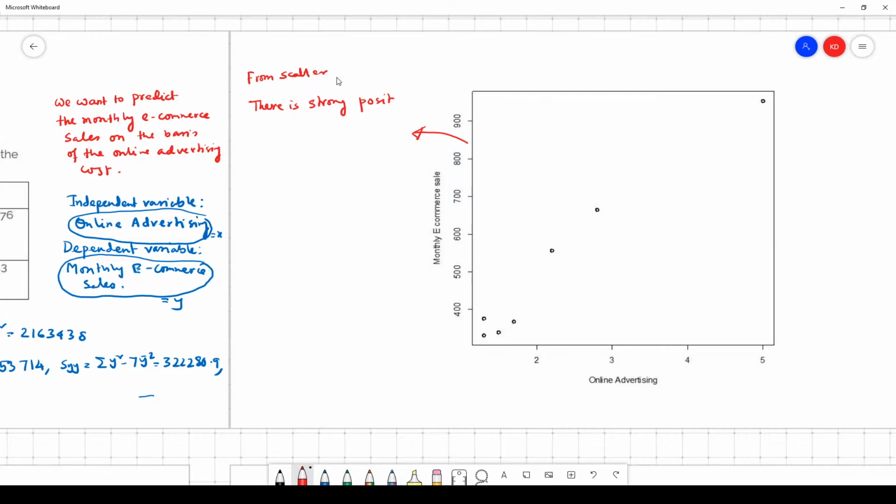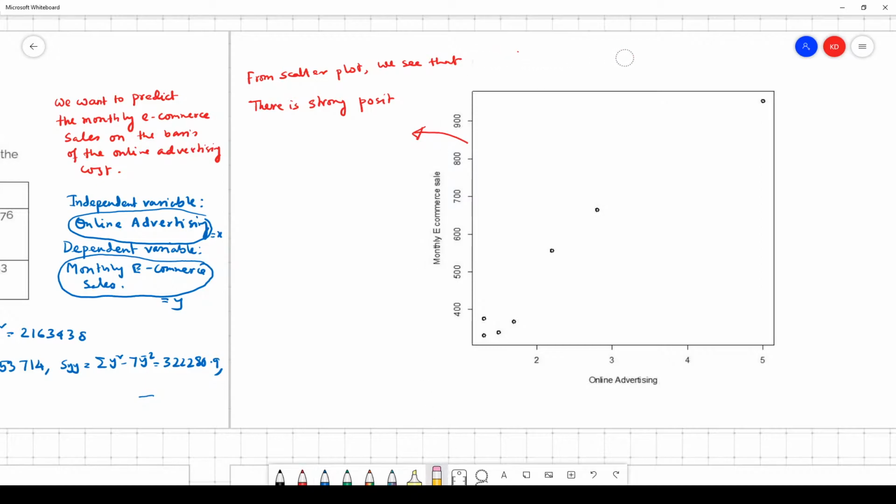From the scatter plot we see that all points are close to, I think I wrote it that way.